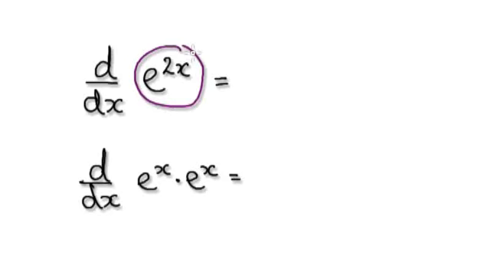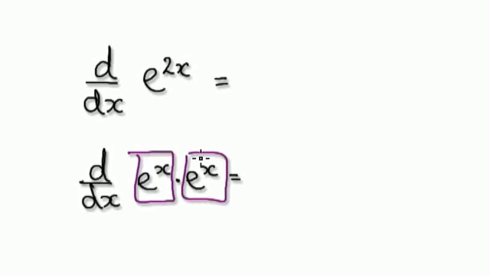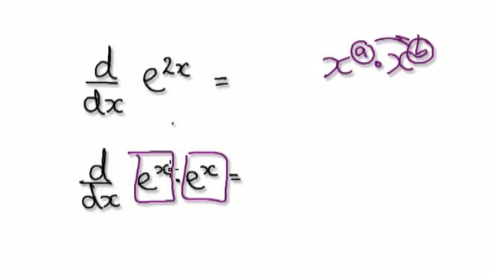If you want to differentiate this, visualize it as this thing here. So you've got this thing times this thing. Remember, if you have x to the power of a times x to the power of b, then these two get added together. So look, you can see x plus x is 2x.